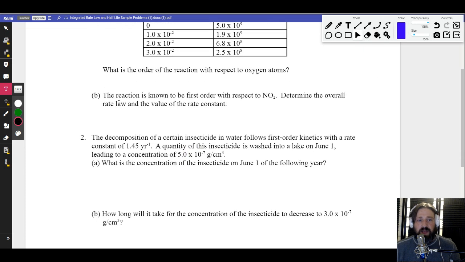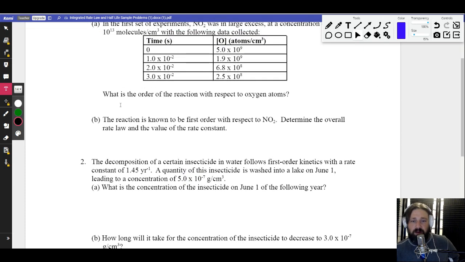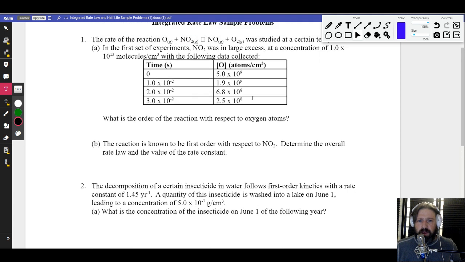Number 2, the reaction is known to be first order with respect to NO2. Determine the overall rate law and find the rate constant. Okay, so we know that it's first order in NO2. They want to know the rate law, right? Reflexively, rate equals k, concentration of O, concentration of NO2.